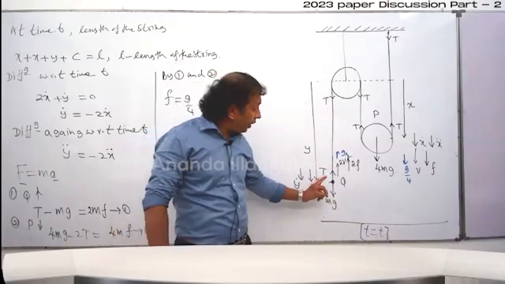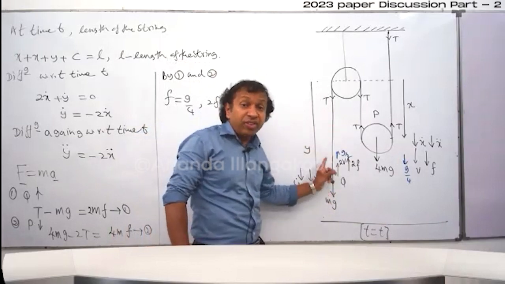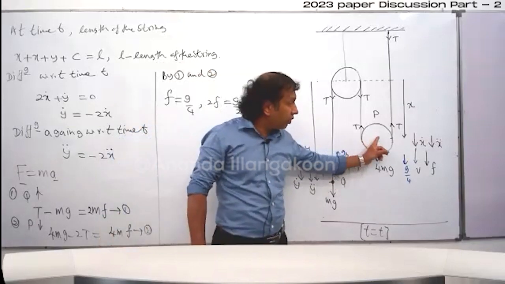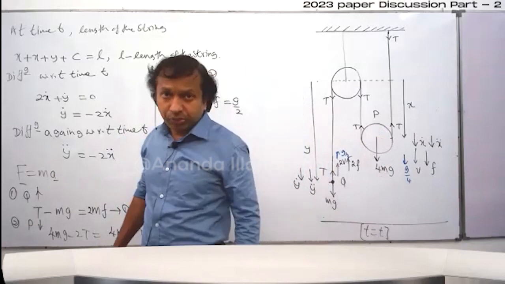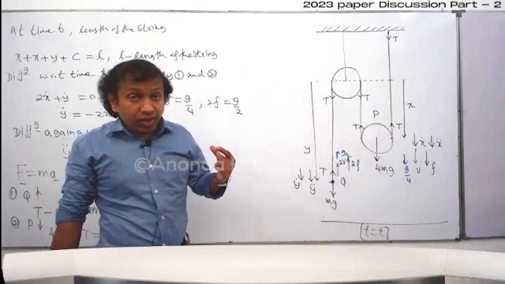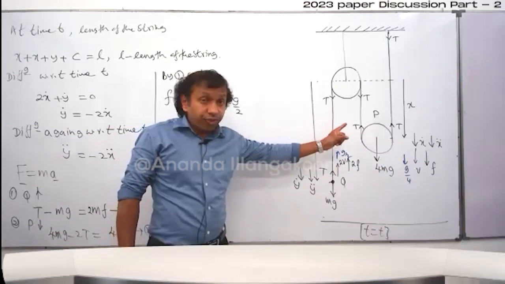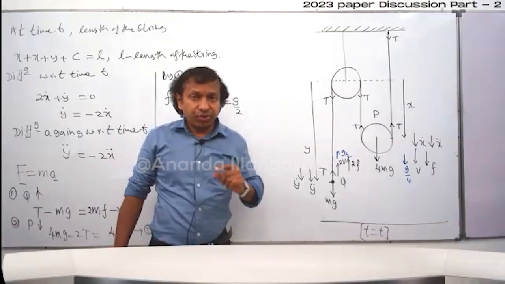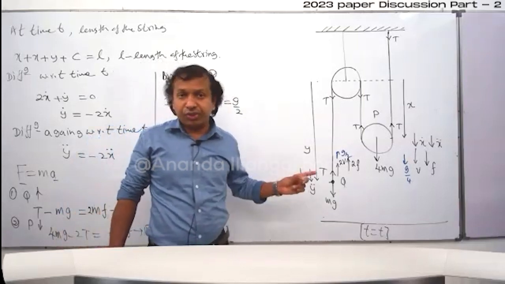If we take the direction of motion of this Q, which is upwards, as the positive direction, definitely the downward direction of motion of this P we have taken as negative. Understood? So the v-t graph of Q is above the time axis, and that of P should come below the time axis. You have to understand that very carefully, because velocity means a vector, not the speed. Here, velocity is a vector.